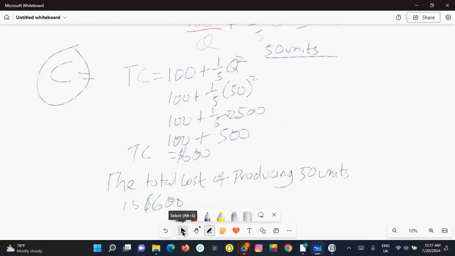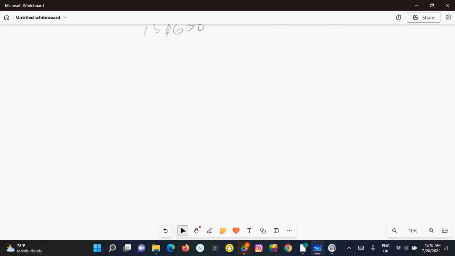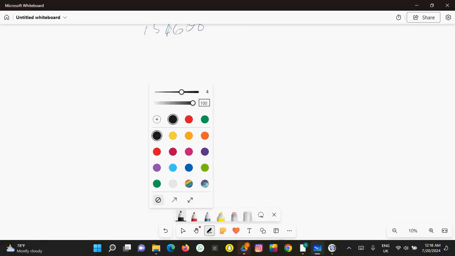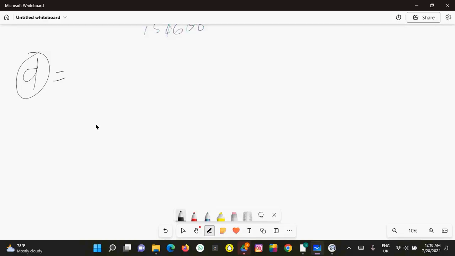So now let's solve for the D part. In the long run, we use the marginal rate of technical substitution of capital and labor.